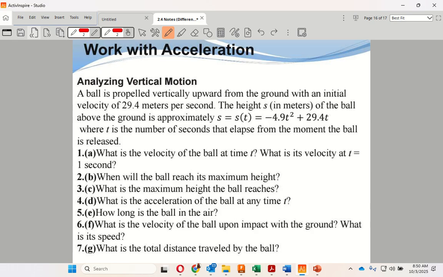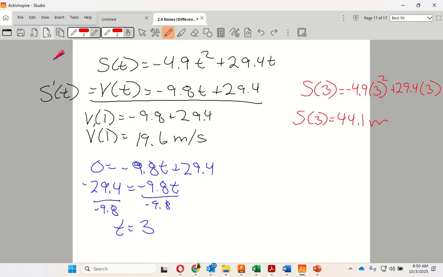That's for question 3, right? Yeah, 3. 4. What is the acceleration of the ball at any time? So to get the acceleration, I do the second derivative there. So let's go purple this time.